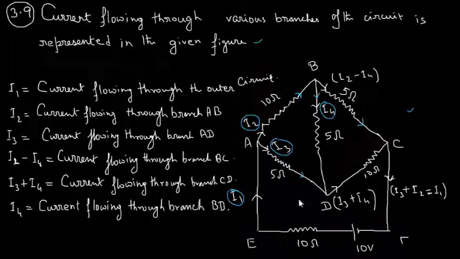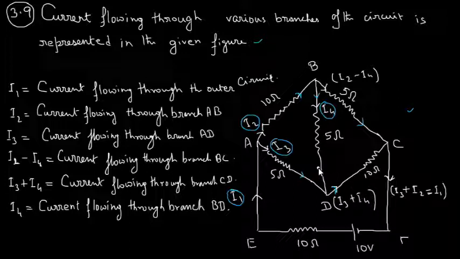Again, if we see what is happening at point D, I3 comes from this side, from AD, from A, and meets with I4. So at point D, the total sum of the current is I3 plus I4, which moves to the arm DC.